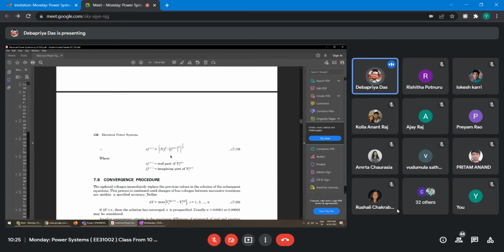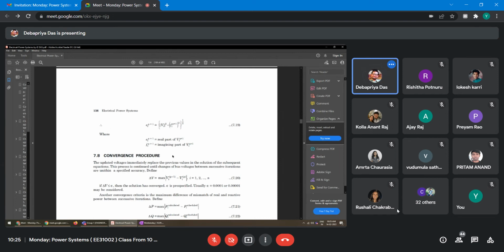Whatever open book and this, that, right? But when I was checking the answer scripts, some of your answer scripts are identical. I have checked it. Handwriting may be different, but same words; photographic memory cannot be there. When you write on your own, English words and sentences will change, even equations will change.